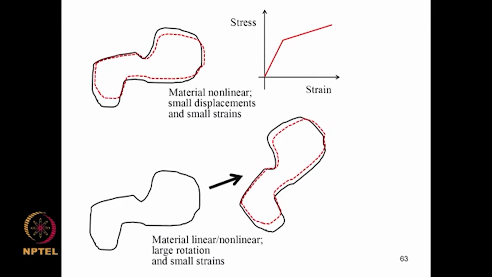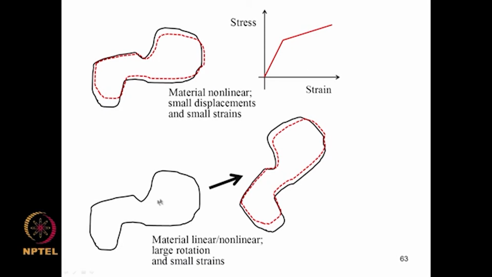Now, while formulating this, we can conceptualize different frameworks. For example, the displacement and rotation of a structure could be small, but the stress strain relationship could be nonlinear. So, this is small deformation, but materially nonlinear: geometrically linear, materially nonlinear.